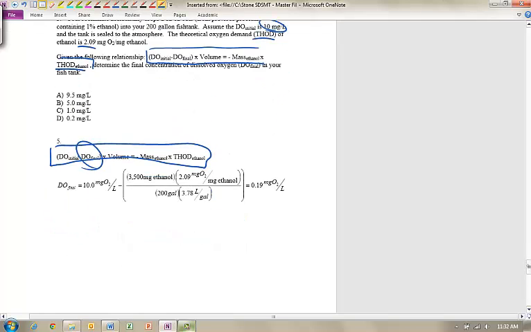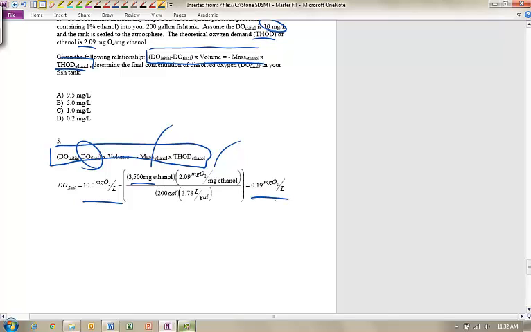And so the DO final is going to be equal to, if we set up our units proportionally, our DO initial, 10 milligrams per liter, minus this many milligrams of ethanol in the system, times how much oxygen is consumed per milligram of ethanol, all divided by our 200 gallons converted to liters.